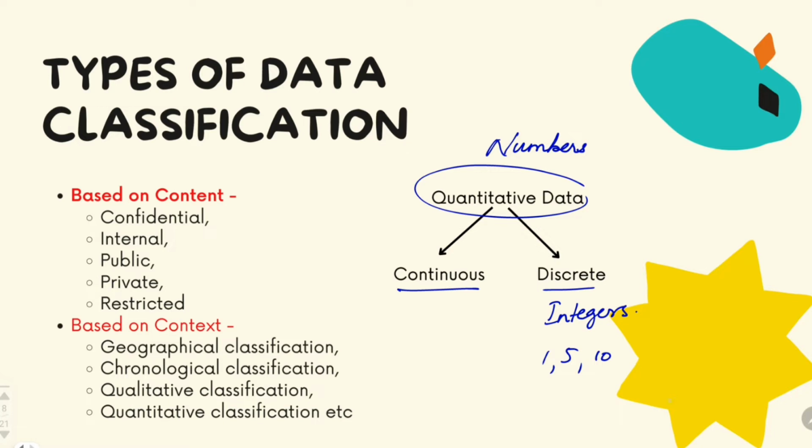Maybe there is 11, maybe there's a 12, and then maybe there's a 22, I don't know. So discrete values of integers, it's not a continuous graph. Continuous, on the other hand, could be integers, it could be fractions, it doesn't matter. But the main thing is there will be a continuity in data.